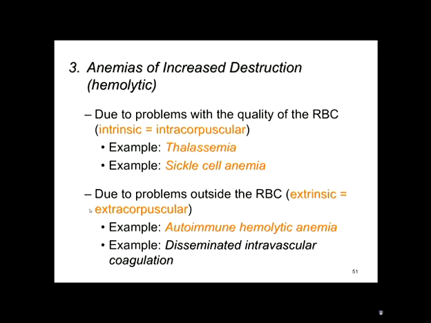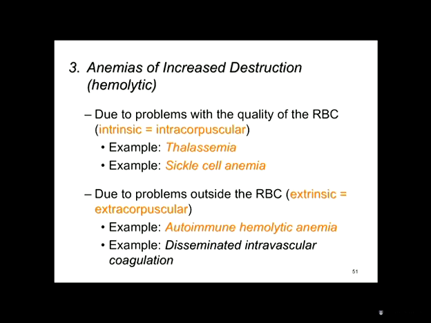And these are called extrinsic or extracorpuscular because the problem is not with the red cell itself, but elsewhere, either with the immune system or some other problem that is causing cell destruction.